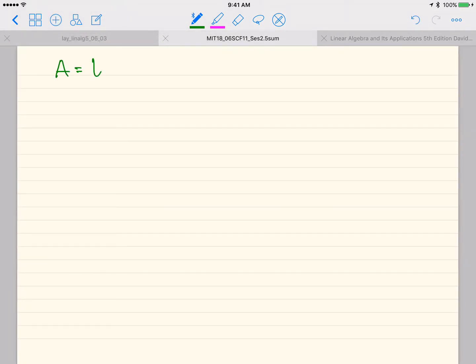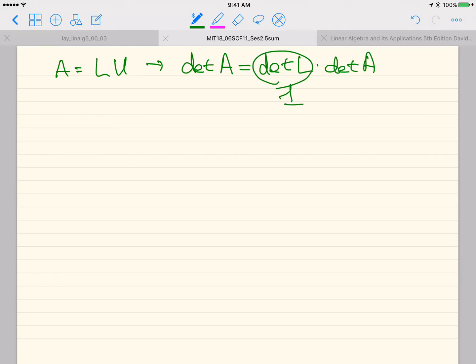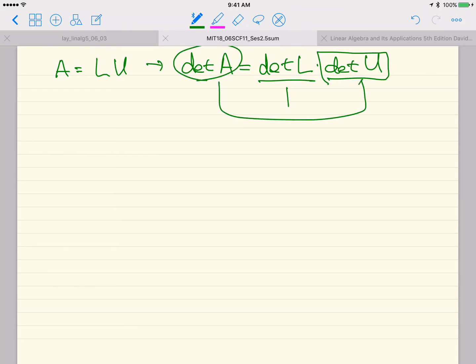If we have A becomes L and U, and from the property that we didn't prove, which is property 9, and we know this guy is the same as this guy, and then this guy will always become 1. So the determinant of A is the same as the determinant of U, right?